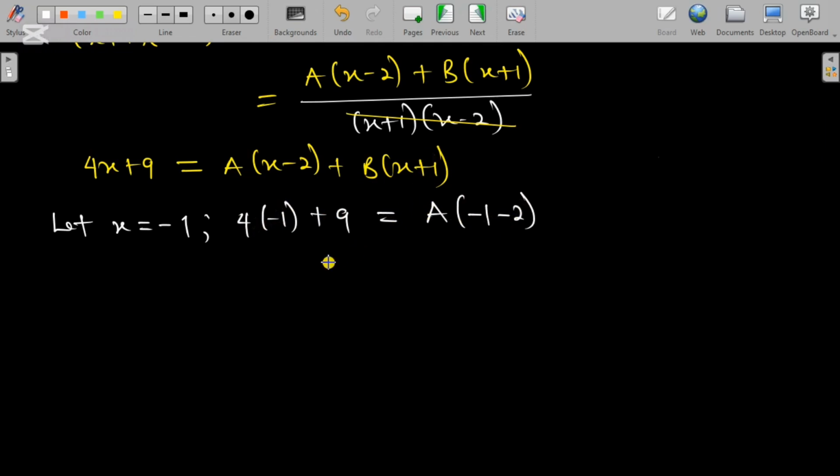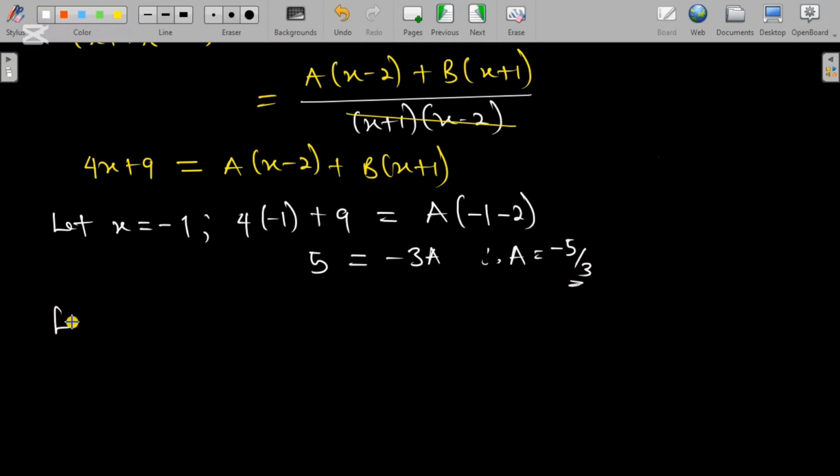This one will turn to 0. So this will be minus 4 plus 9, which will be 5, equal to minus 3a. And so you will get that a alone is minus 5 over 3 if you divide both sides by minus 3.